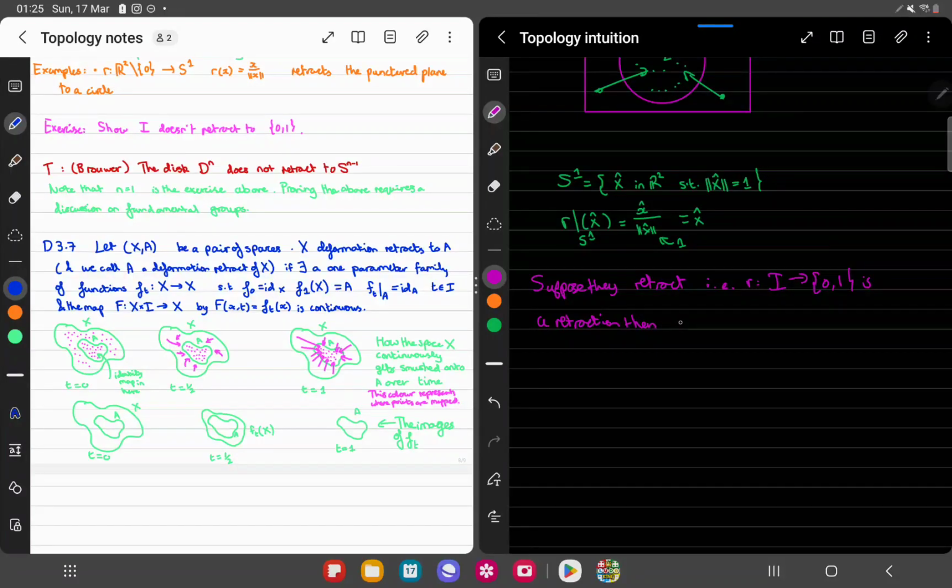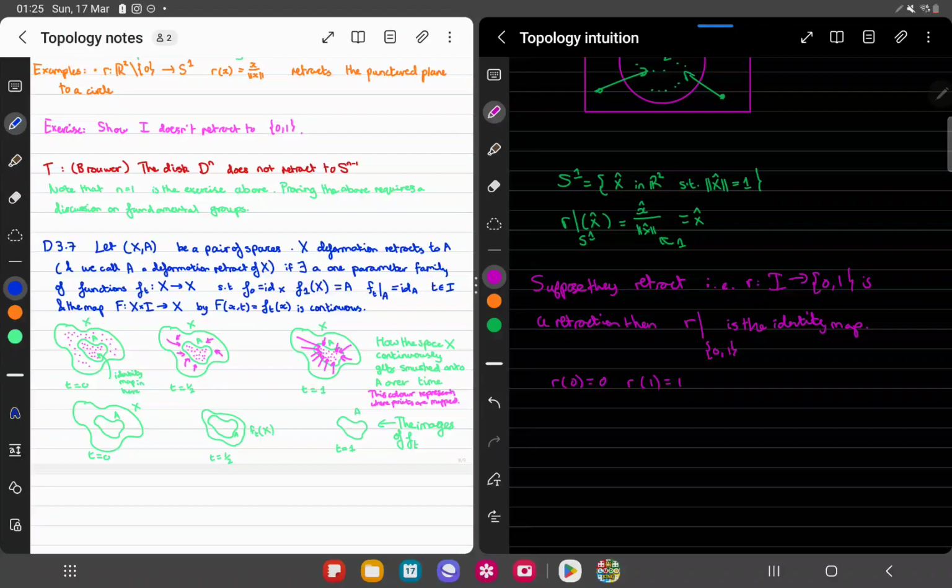Then R restricted to this domain is the identity map. So that means R of 0 is equal to 0 and R of 1 is equal to 1. Easy enough, right?